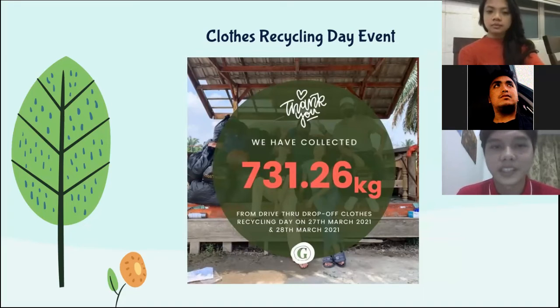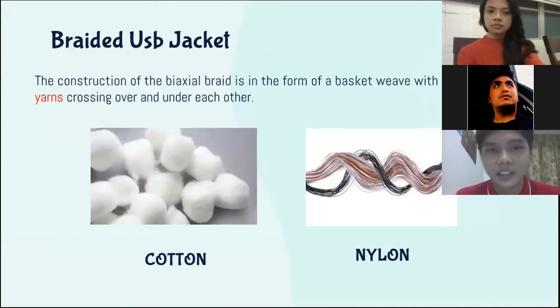Okay, from these collected garments, my supervisor told me to do some research about what we're going to do with these garments. So I decided to do a braided USB jacket, which is this.